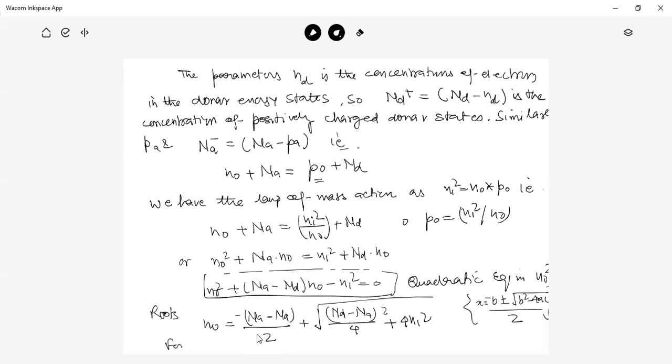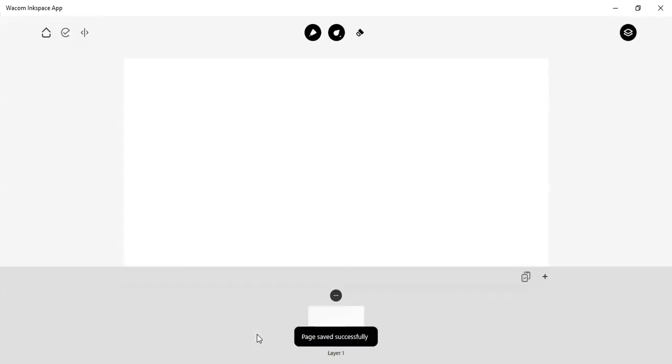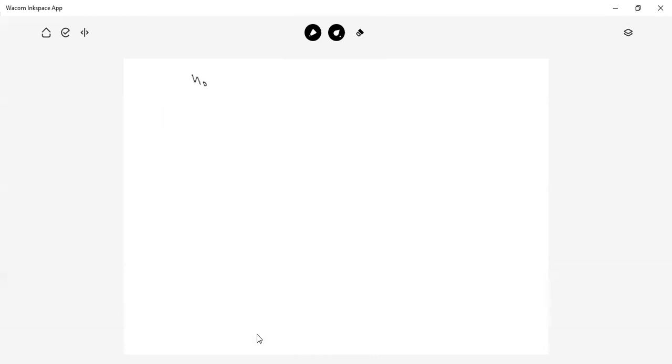For n type, N_A acceptor is equal to 0. That is, the root equation can be written as n0 is equal to N_D by 2 plus under root N_D squared by 4 plus ni squared.